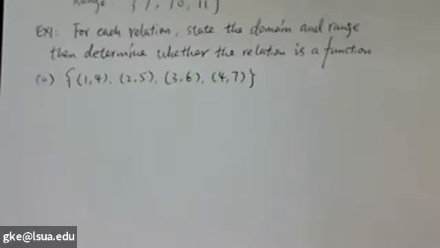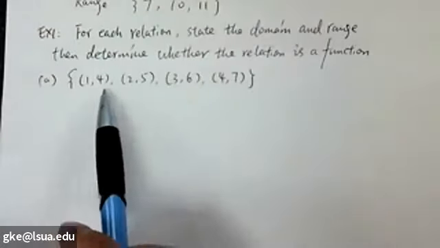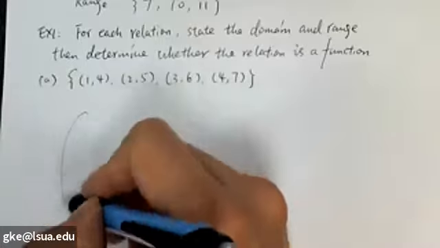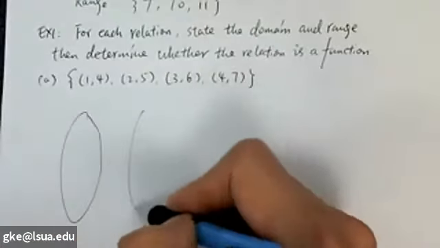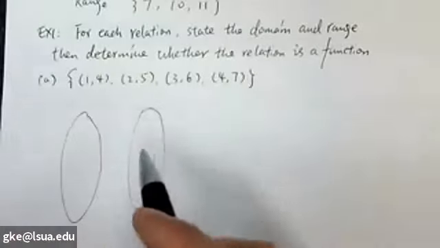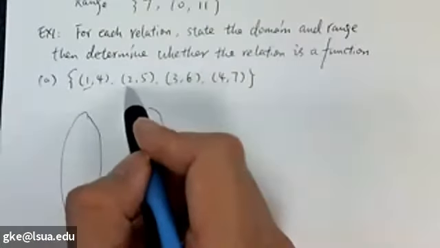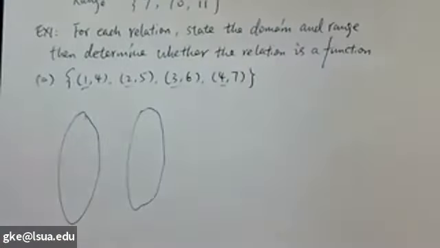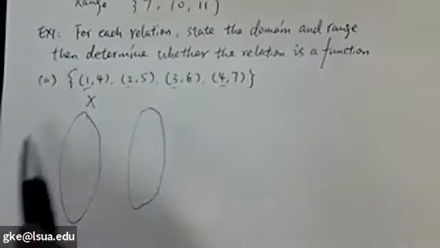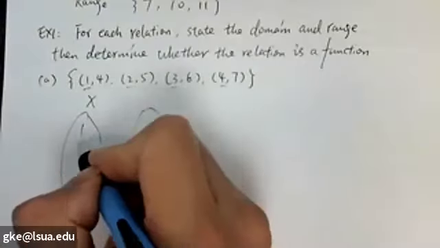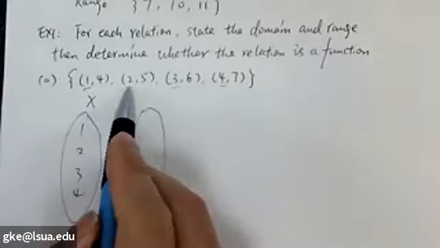So I gave you guys a bunch of points. A bunch of points means we have an X coordinate and a Y coordinate. Then we can draw a picture. For example, we can draw the X set and the Y set. The X set corresponds to the X coordinates: 1, 2, 3, 4.